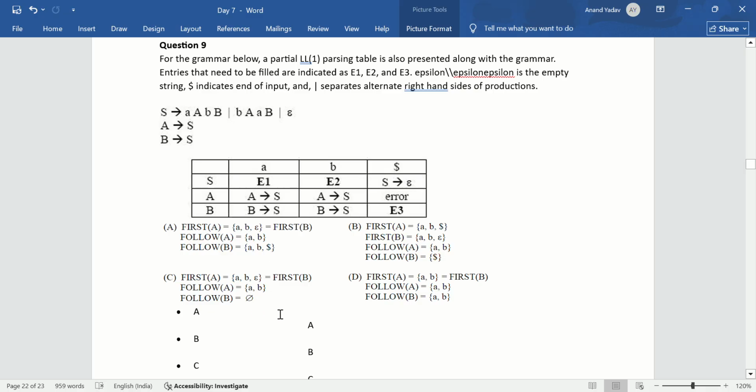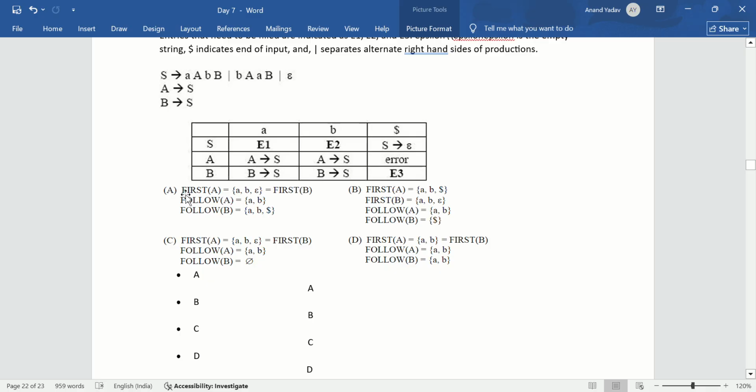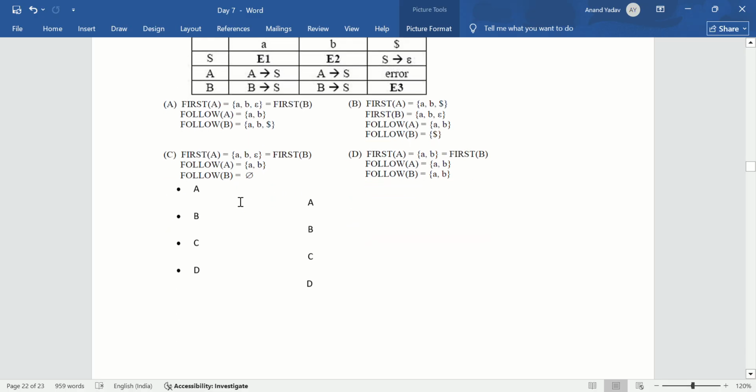So the dollar is here, there is no dollar here, and this is wrong. These are wrong. You can also check. So for this question option A is correct.